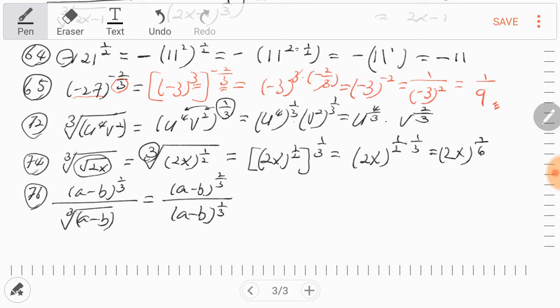The bases are the same, so we can put the exponents together. Move 1/3 to the numerator, then minus 1/3. Then this is equal to 1/3.